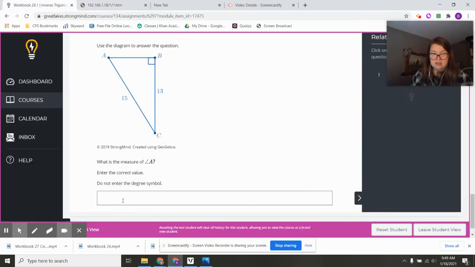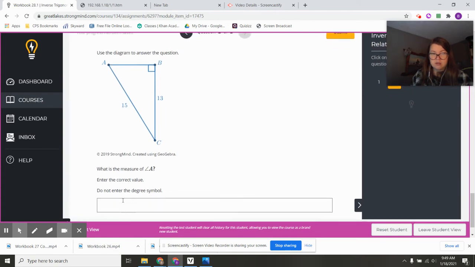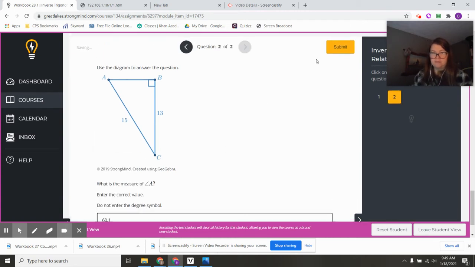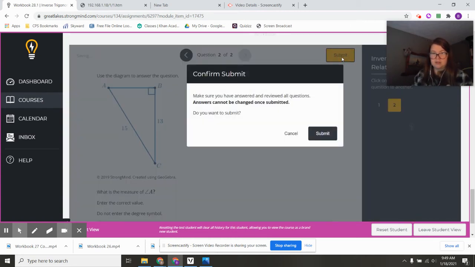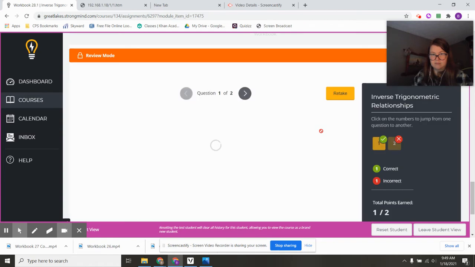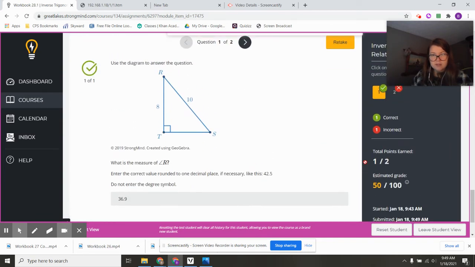It doesn't say what we're supposed to round to, so I'm just going to assume 1. So 60.1. Okay, what does it say I'm supposed to do on that one?